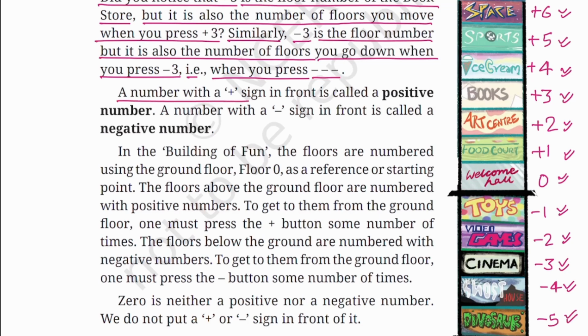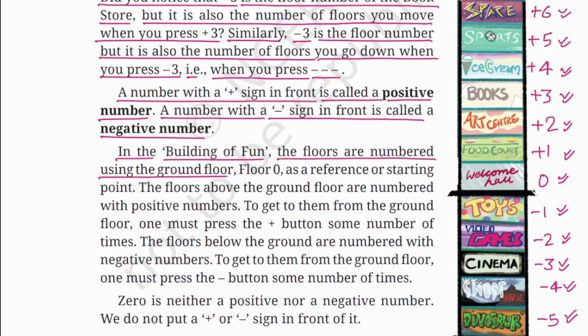A number with a plus sign in front is called a positive number. A number with a minus sign in front is called a negative number. In the building of fun, the floors are numbered using the ground floor, floor 0, as a reference or starting point. The floors above the ground floor are numbered with positive numbers.